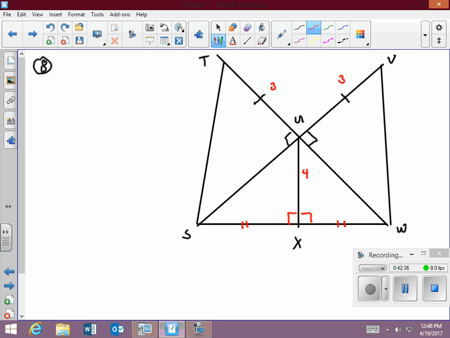The question underneath there is SU is congruent to WU by perpendicular bisector.